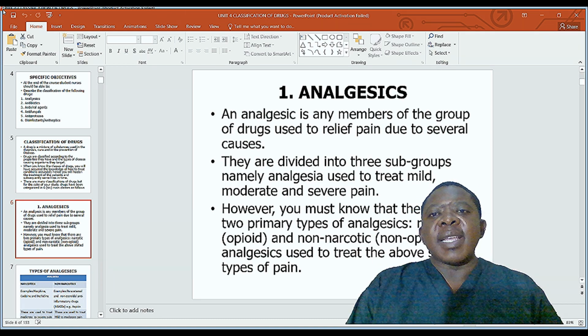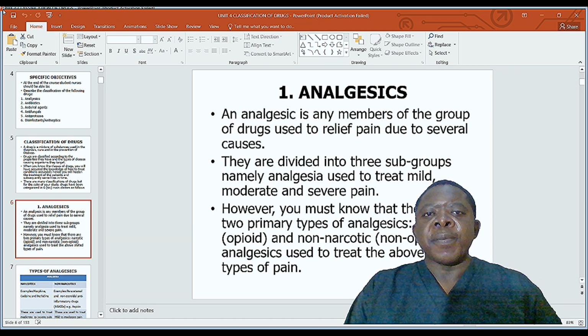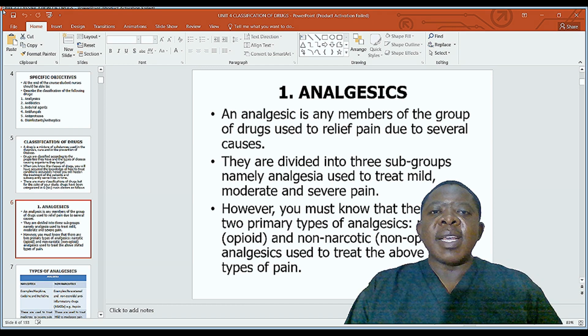Analgesia is any member of the group of drugs used to relieve pain due to several causes. Algesia means sensation, so you want the absence of sensation of pain.